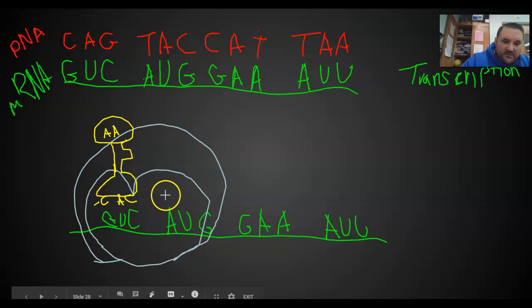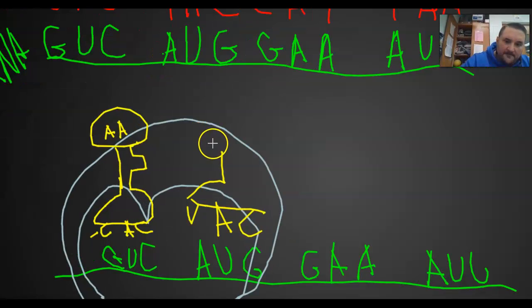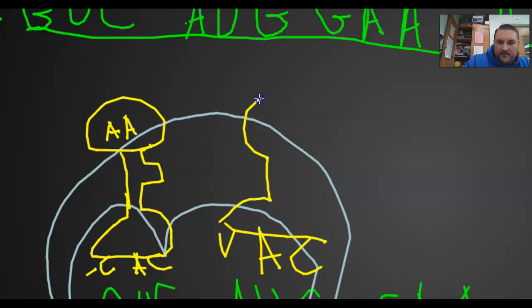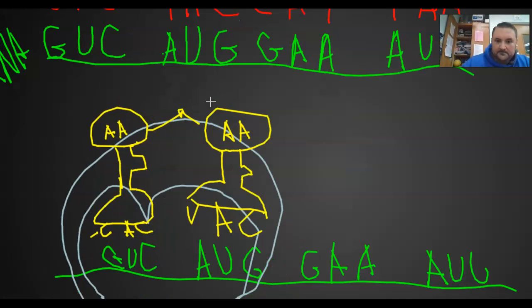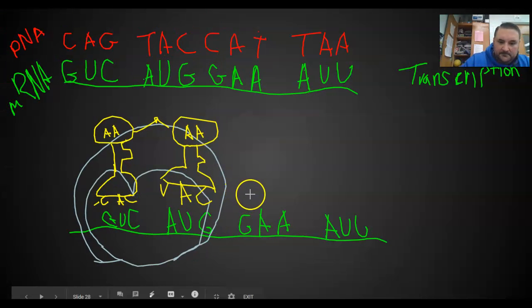And another one will come in. So it becomes A, becomes U, A, C. Here's another amino acid. And then they get attached. And a third one will start to come in, C, U, U, and here's my next tRNA.